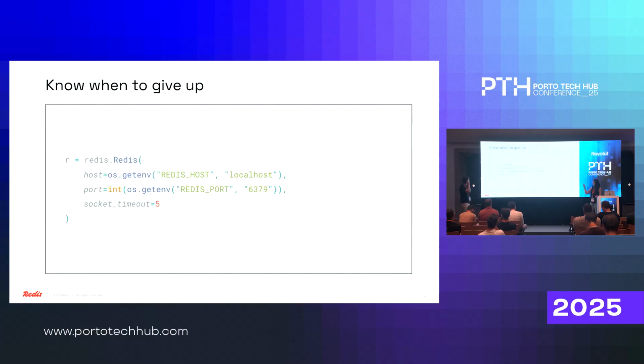And speaking about timeouts, set your socket timeouts properly. This is going to be very environment specific. Actually, it's none. It's not even set. There is no timeout in Python right now. But you should definitely set it. It's going to depend wildly on your environment.